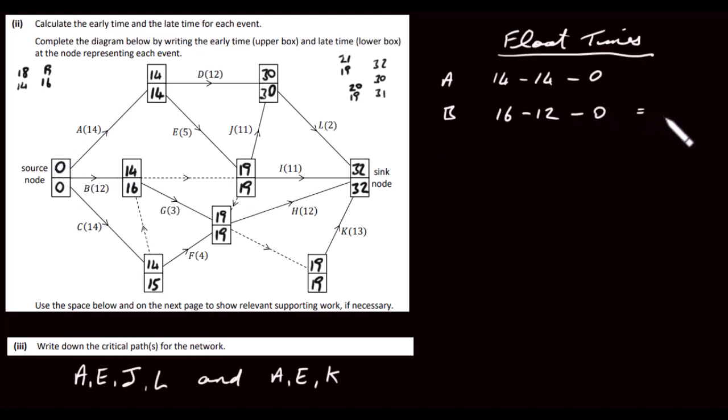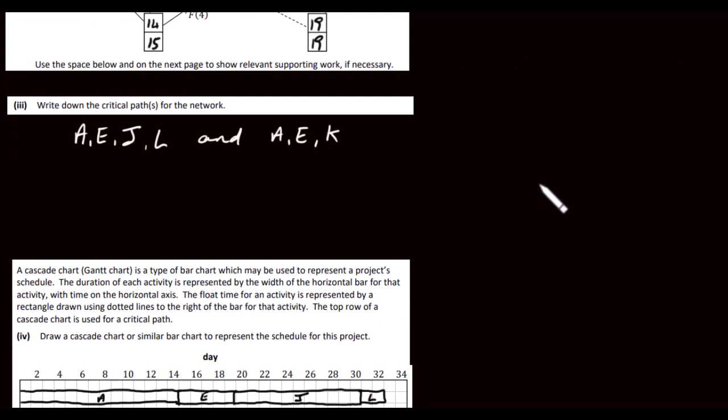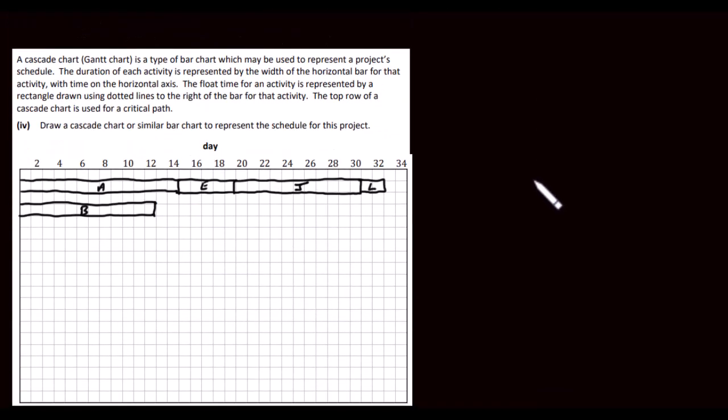So the float time for A is 0. So for B, the float time is going to be 4. So we've got to draw that in on our Gantt chart. So it has a float time of 4. So we've got to draw dotted lines 1, 2, 3, 4. That represents the float time for B.